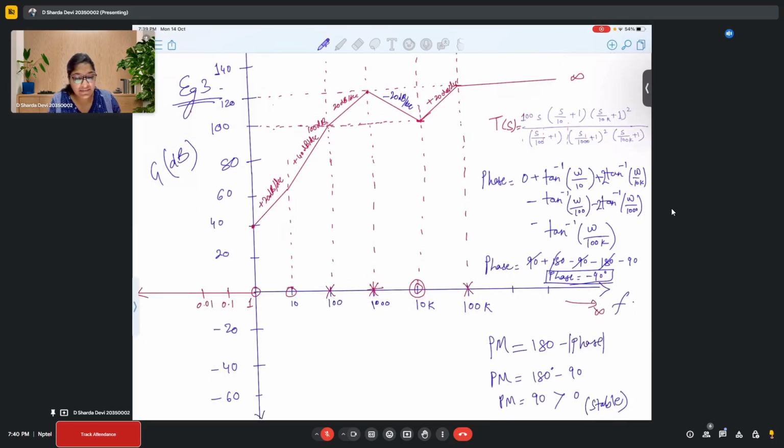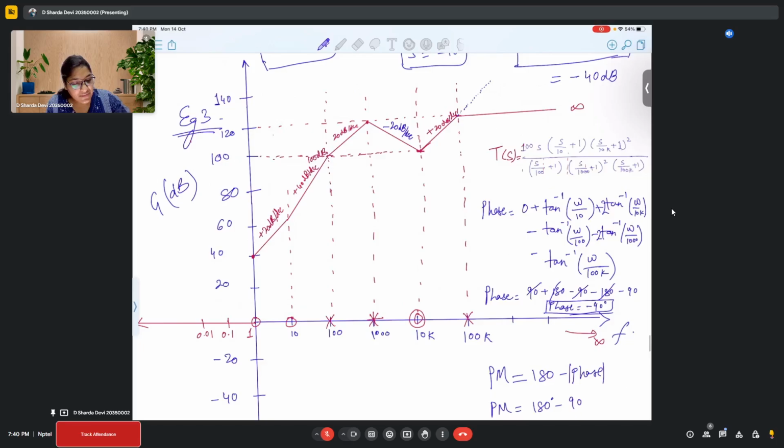Basically we were discussing that when that kind of scenario happens, if it is extending infinitely, then definitely at infinite frequency the gain becomes infinite. But from the phase margin concept, it gives us a stable system.